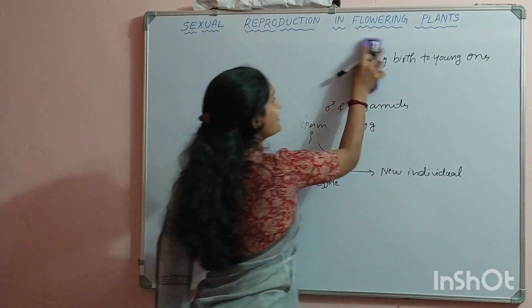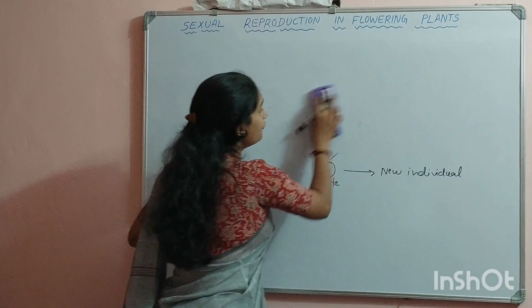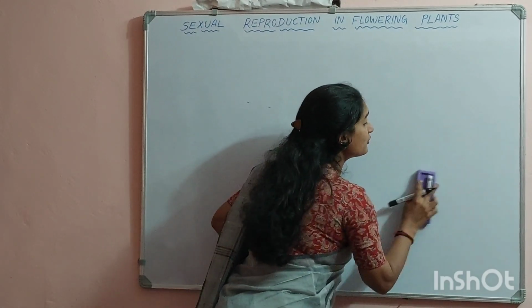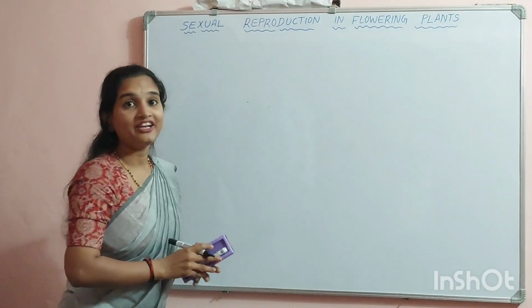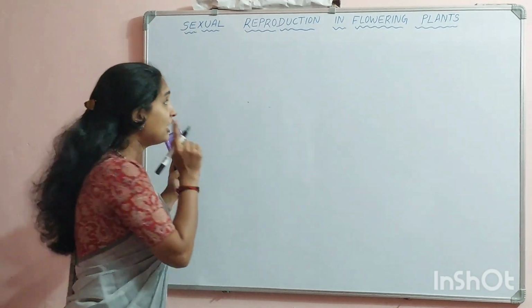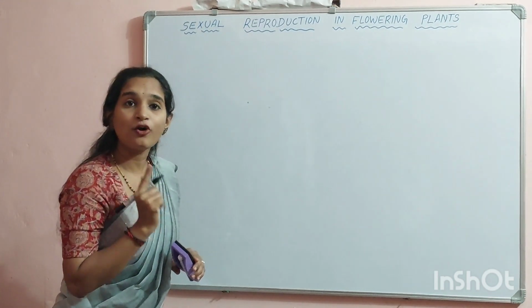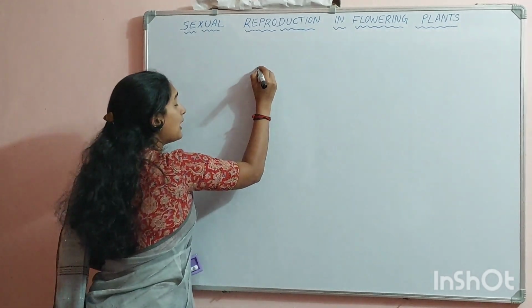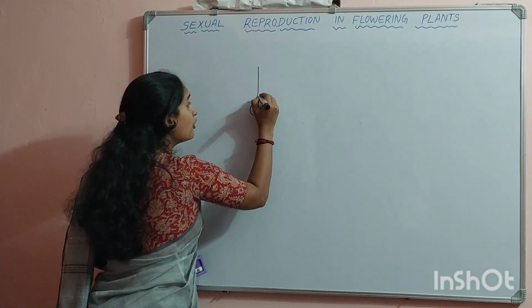In order to understand the concept, we have to know the structure of a flower. And we know that flower is the reproductive part. Now we are studying the structure of a flower. A flower mainly has four whorls.